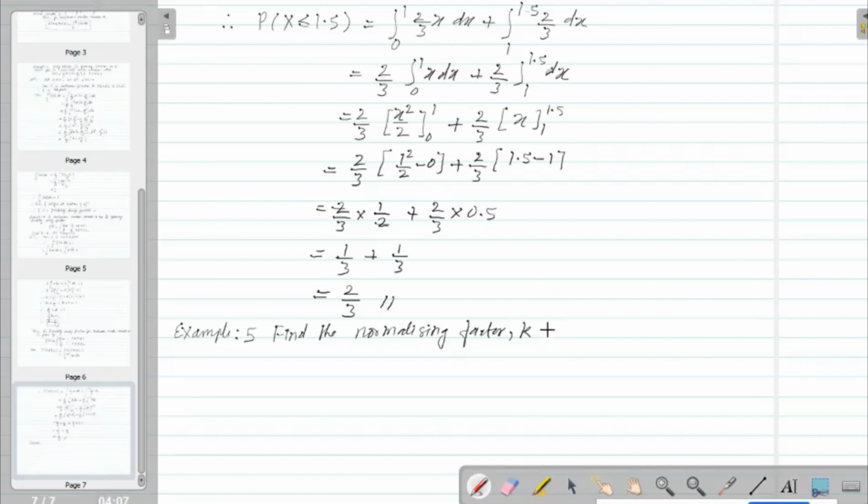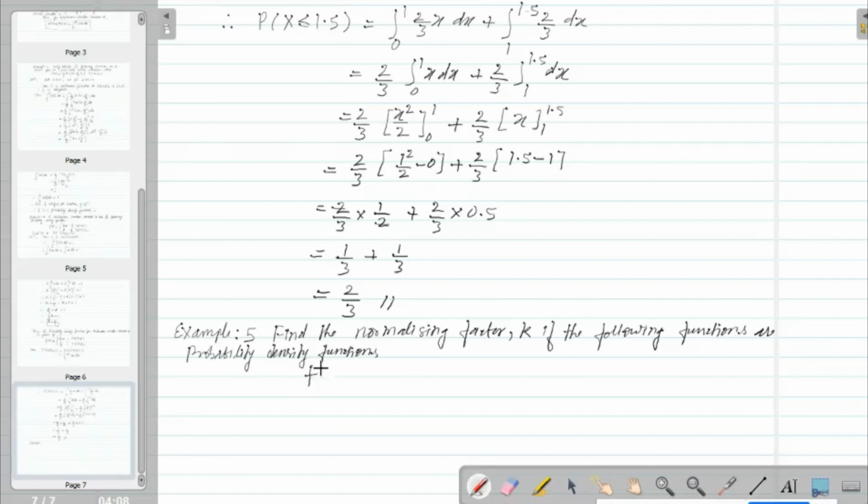If the following functions are the probability density function. Okay, your function is given to you.